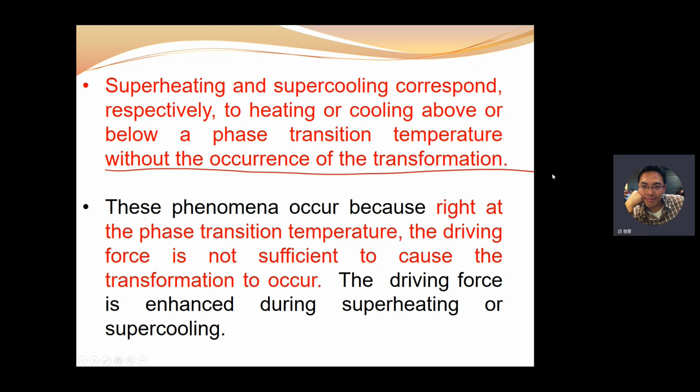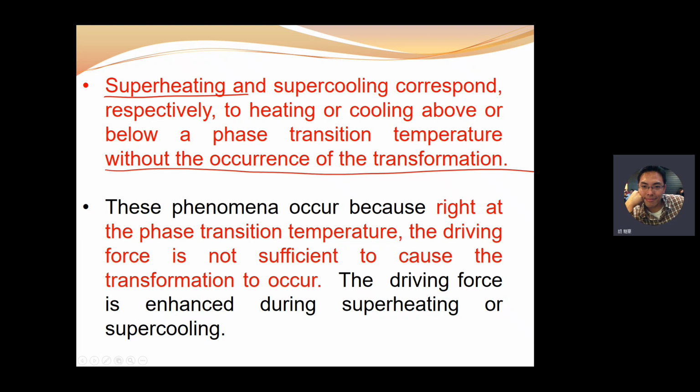Of course not. Therefore, we need to superheat here. That means we heat up above the phase transition temperature. If this temperature difference is larger, that means the driving force is higher.